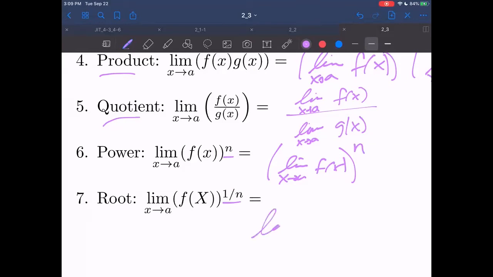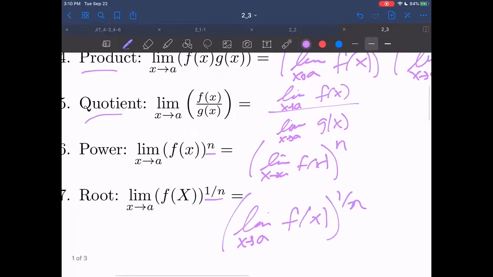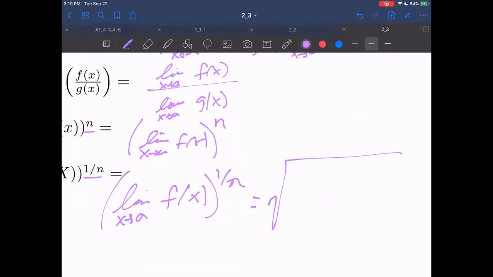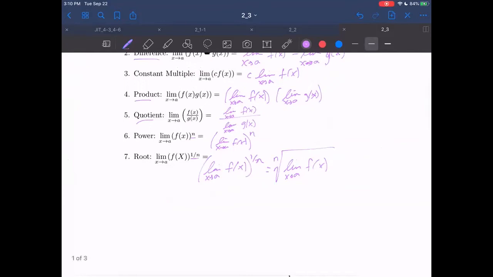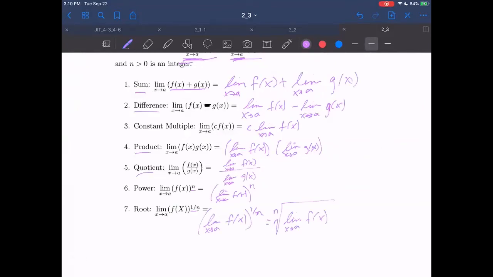And then the root would be the same way, remembering that it could also be the nth root of the limit as x approaches a of f of x. Okay. So when you're computing limits, you'll use a combination of these things. Just depends on the problem itself.